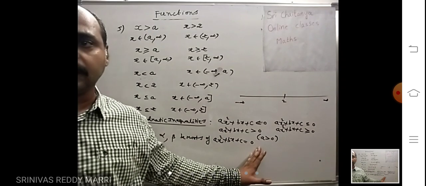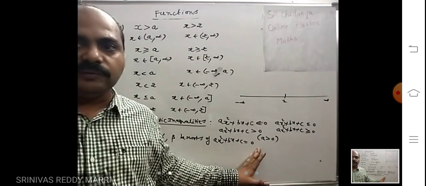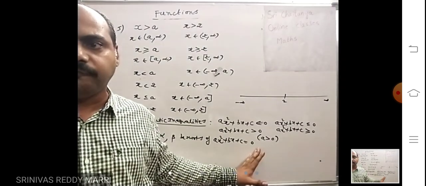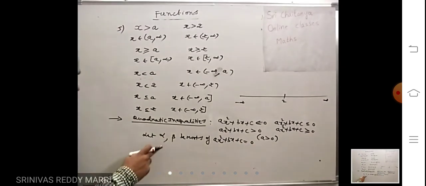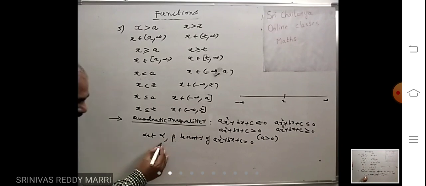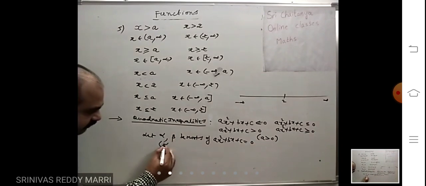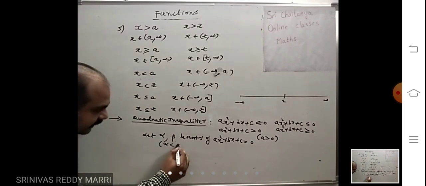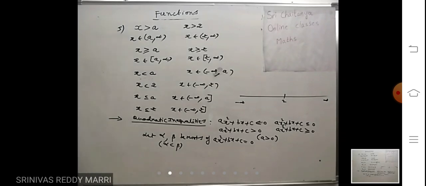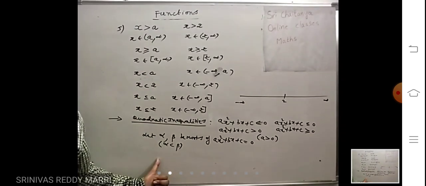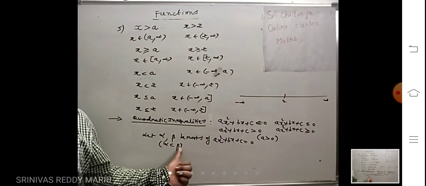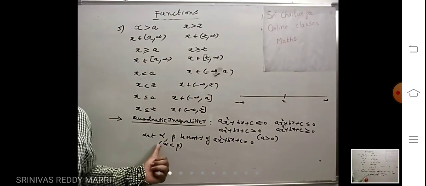We have a formula: x equals minus b plus or minus root of b square minus 4ac divided by 2a. The smaller root we will take as alpha, the bigger root as beta. Alpha less than beta.